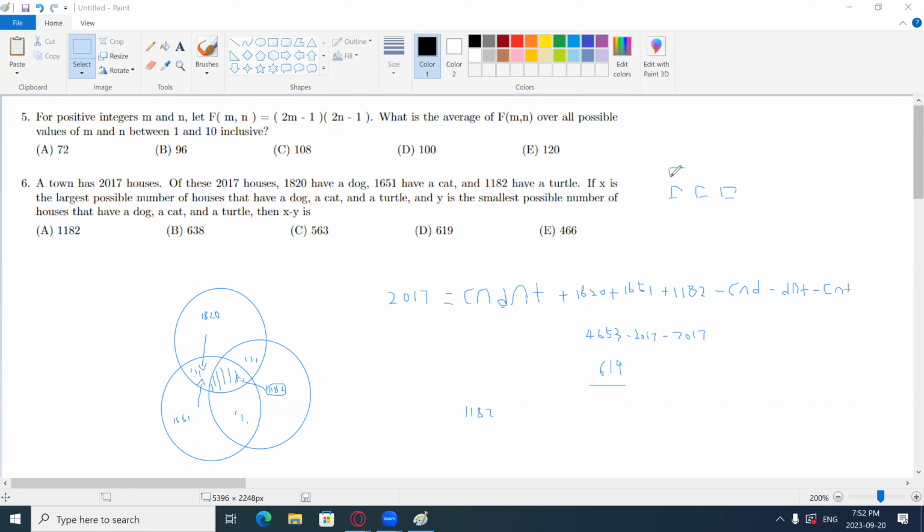You just have a bunch of them with turtles and a bunch of them with cats, and we cover the rest of it with dogs, so that it would fit into 2017, which it would. And by then we would still have enough dogs left over to cover 1,182.